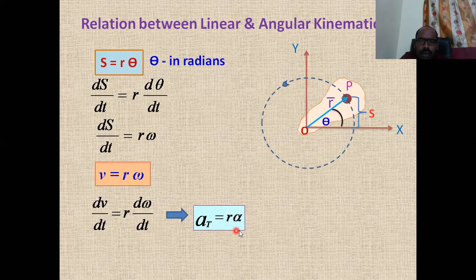This alpha is called angular acceleration. A with suffix capital T means it is the tangential acceleration. Here we are seeing the circular path, the path of point P. We have to draw a tangent at this point, so we get the tangent in this direction, just like this.